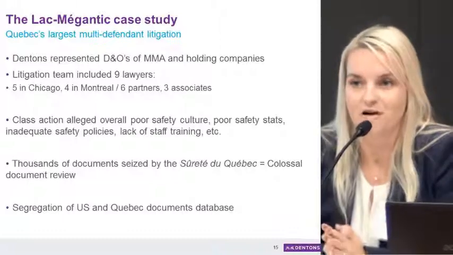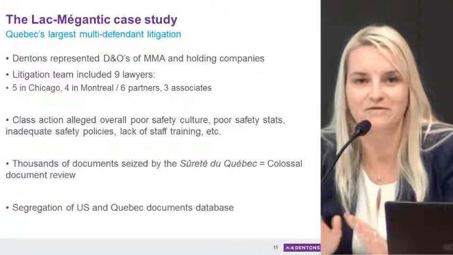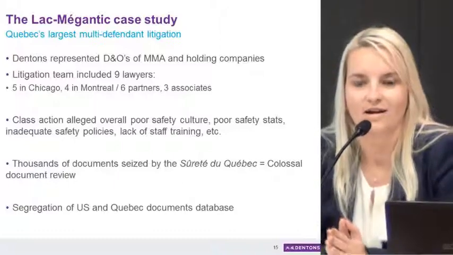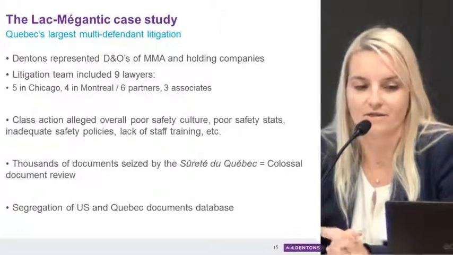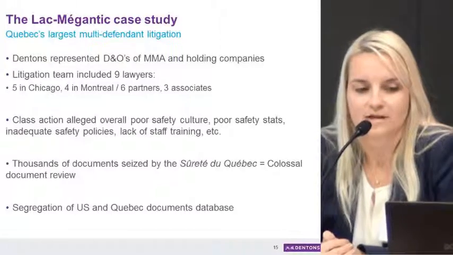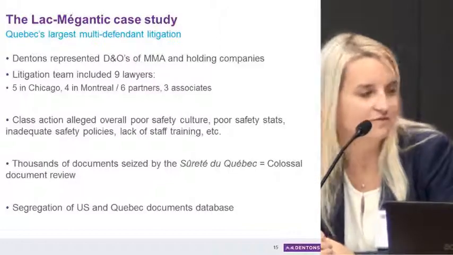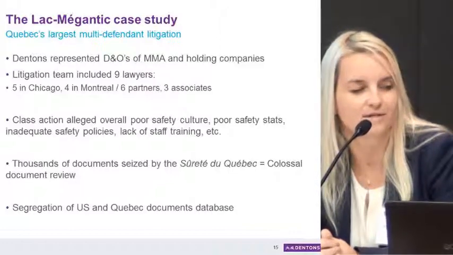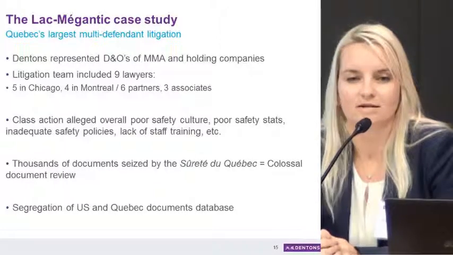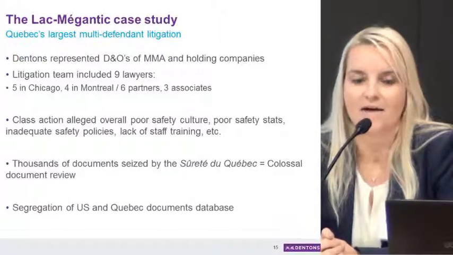So we had to put that in something to be able to review all the documents of our clients. So that's when we didn't use iPro for that file. We used Relativity. It's a Commonwealth database.